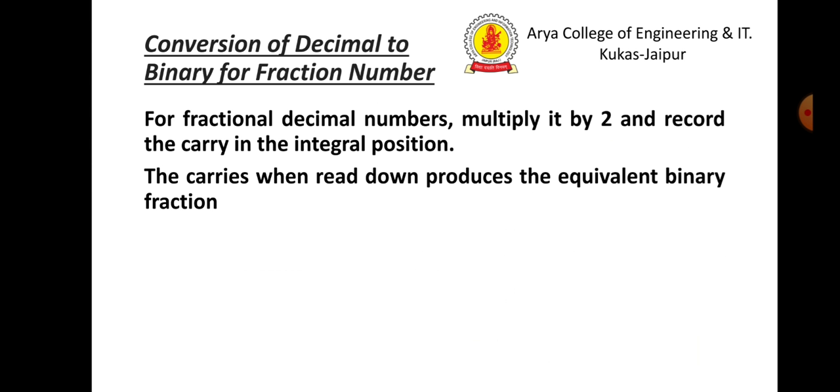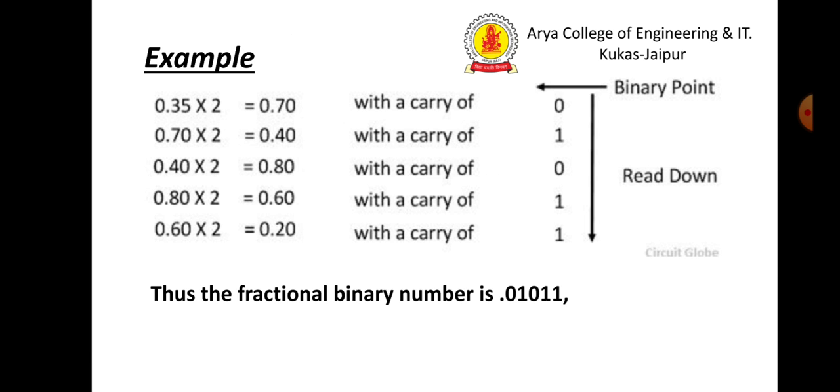Now how to convert a decimal number into a binary number when the decimal number is a fraction. This is the example. Here 0.35 is a decimal number and we have to convert it to a binary number, so we multiply it by 2.